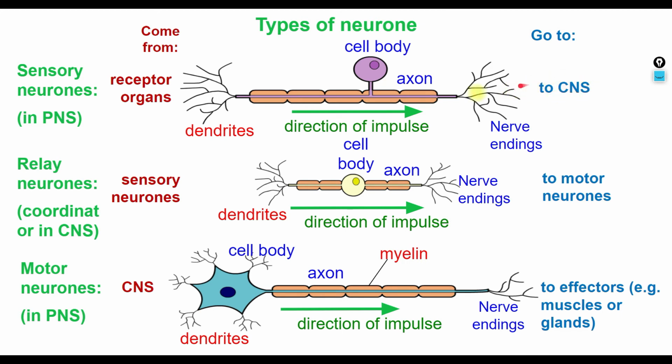Inside the central nervous system, the message is taken up by the relay neuron. The relay neuron passes the message to the motor neuron, and the motor neuron passes the message to an effector, usually a muscle.